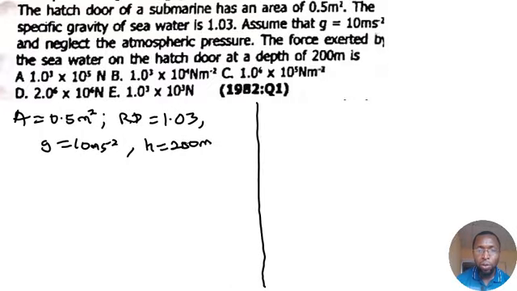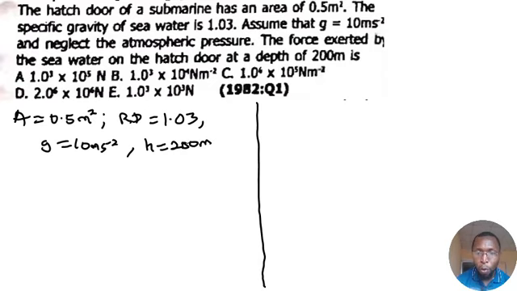B: 1.0 times 10 to the power 4 Newton per meter squared. C: 1.0 times 10 to the power 6 Newton per meter squared. D: 2.0 times 10 to the power 6 Newton. E: 1.0 times 10 to the power 3 Newton.